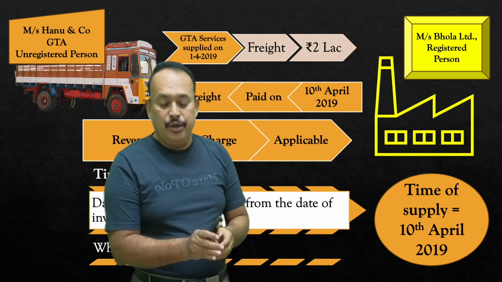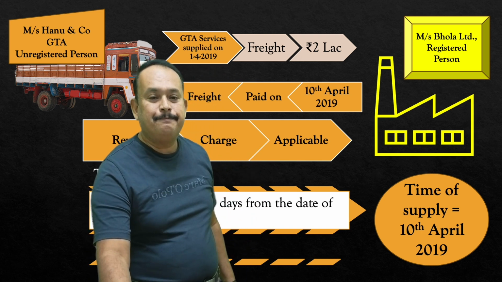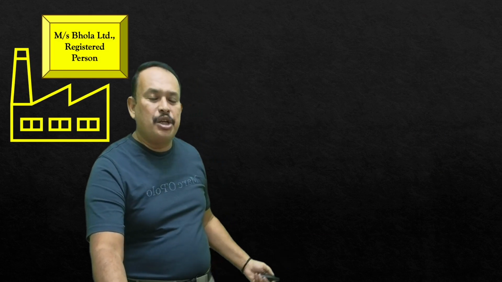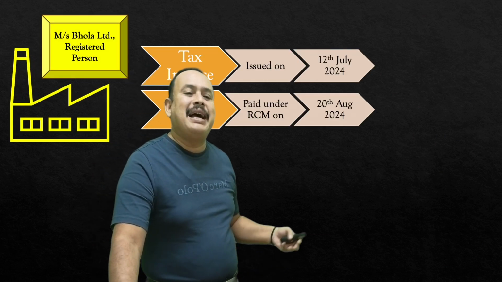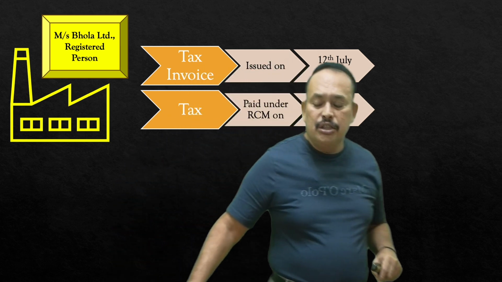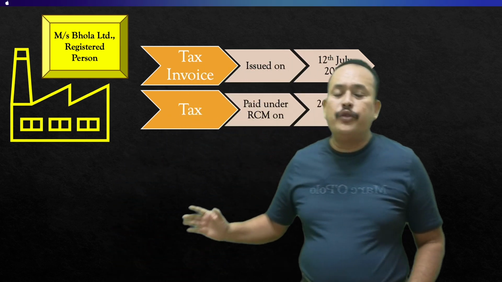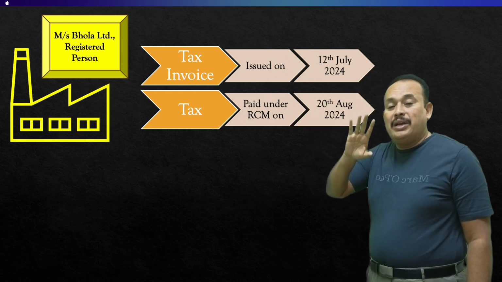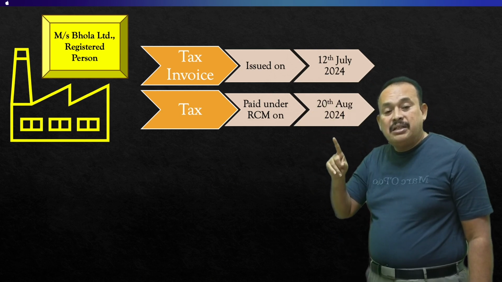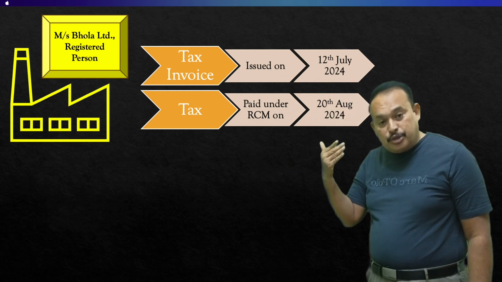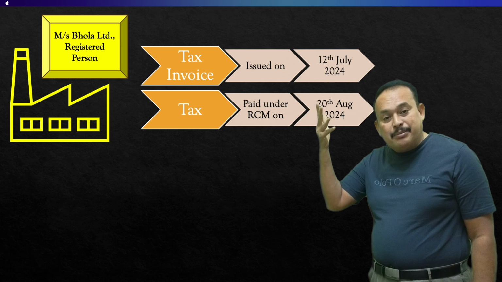I will explain further points here. If you refer here, Bhola Limited, a registered person, issued the tax invoice on 12th July 2024. Actually, this is the invoice pertaining to April 2019. They were supposed to issue the invoice, but at that time they did not.